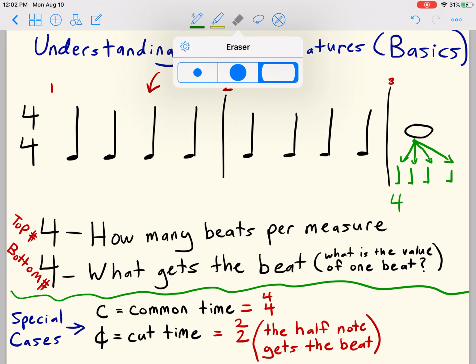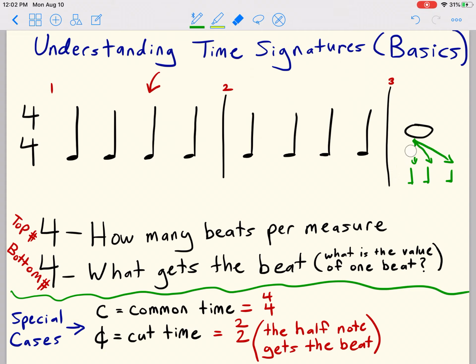Now that we understand this, I'm going to remove this extra stuff right here. I want to show you a little bit more about the possibilities for time signatures. Here, the first measure would be counted 1, 2, 3, 4.